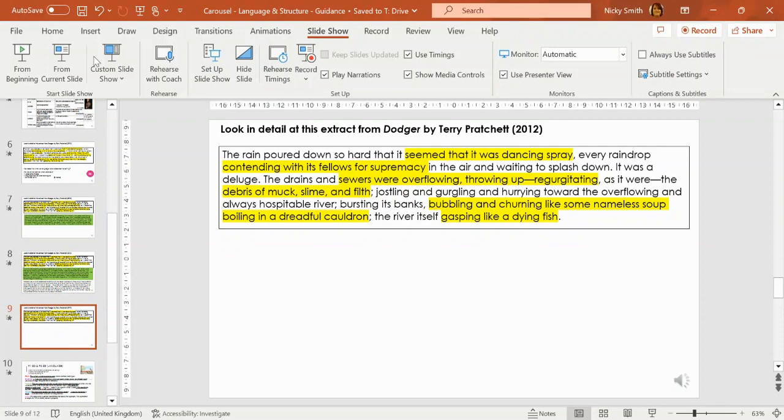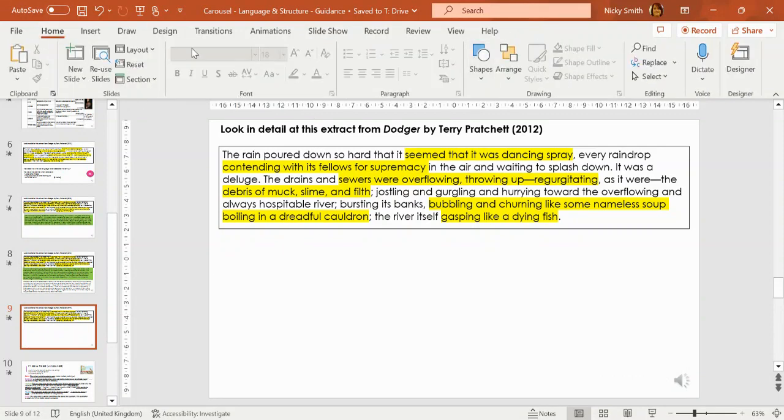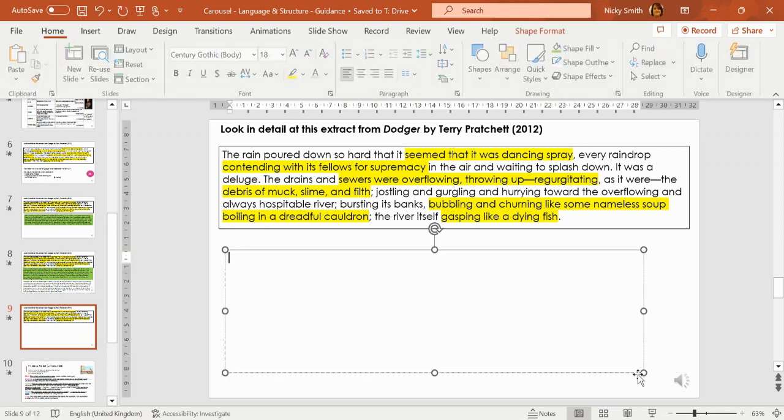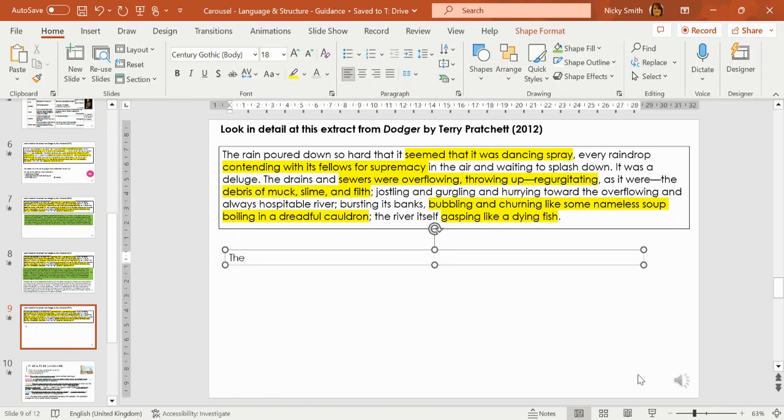This is where you would combine some of the quotes together. So if you identify a semantic field, you have to say what the semantic field is of. So the writer uses a semantic field of, what could we call this?